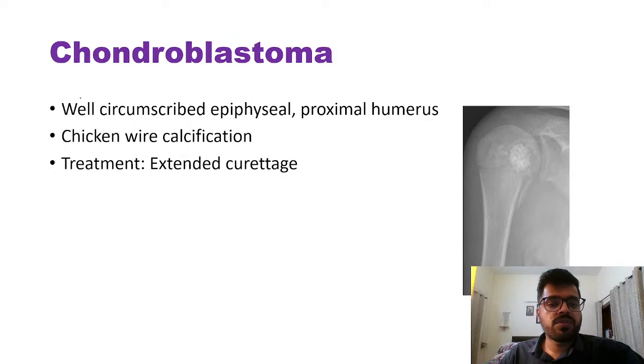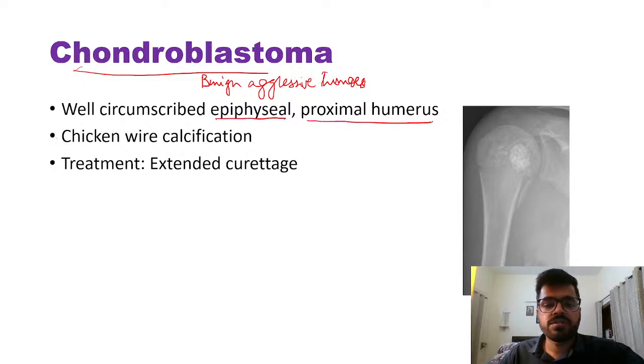Then we discuss chondroblastoma. This is another benign aggressive tumor. It occurs in the epiphysis of the proximal humerus, and as we can see, the physeal line is still there, so it occurs before skeletal maturity.